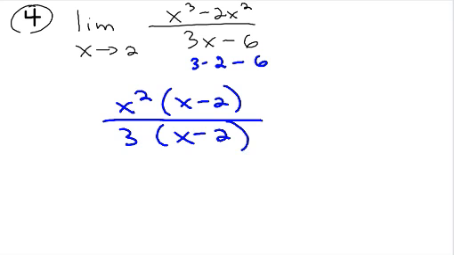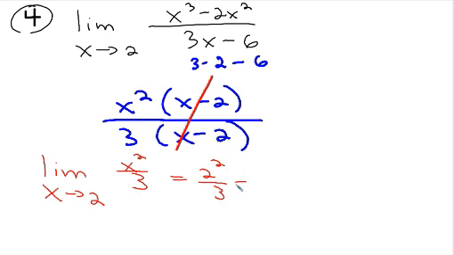The x minus 2's factor out. And now I can reevaluate the limit as x approaches 2 of just regular old x squared over 3. And now I can plug the 2 in, and I have 2 squared over 3, which is 4/3. Okay? Good old-fashioned algebra skills will come in handy in this case.